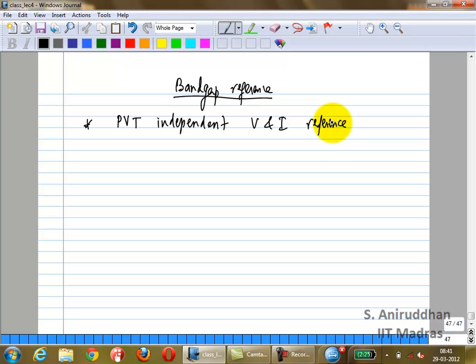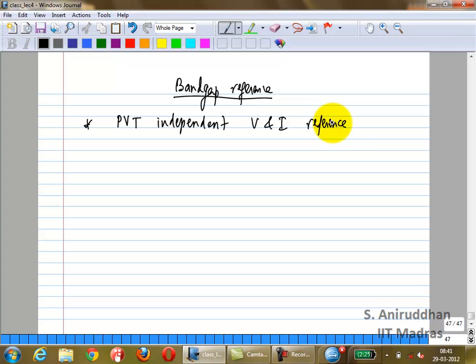Most of the current sources we have seen depend in some way or the other on the process, temperature or voltage. For example, we always assume there is one ideal current source available to us. What is the ideal current source? We assume that it doesn't depend on the supply voltage. Of course, you can take a current mirror and add a resistor to supply on the left side.